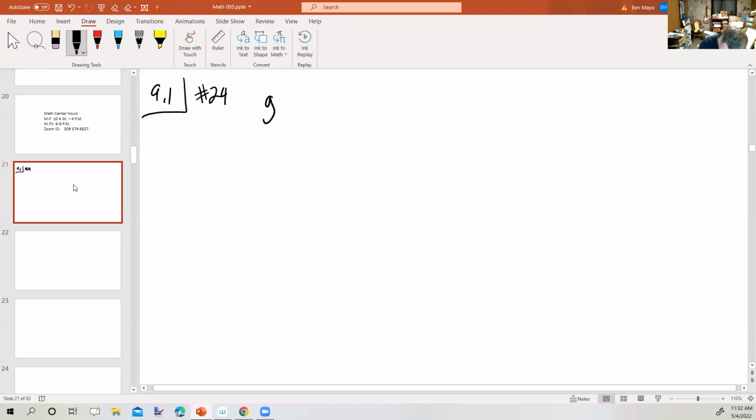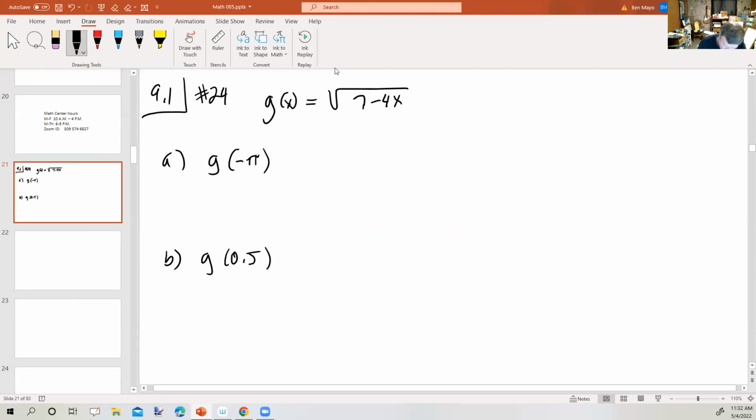And our function is g of x equals the square root of 7 minus 4x. All right, first of all, part A, we are to find g of negative pi. And then part B, we are to find g of 0.5.